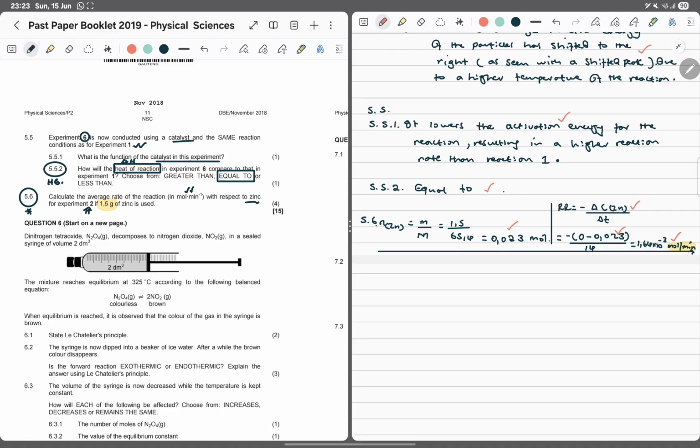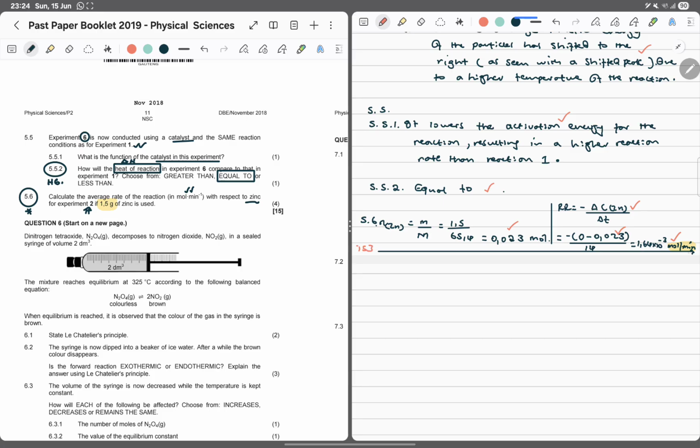Either way, it doesn't really matter to attach too much on how the marks are distributed in the actual memo, but what matters is to at least understand where marks are usually given, so that as you attempt to answer questions, you try your best to answer them in such a way that if you end up not getting the correct answer, the steps will justify you for some marks, as would be guided by the marking guidelines, of course. Right, so folks, that was it for those 15 marks.